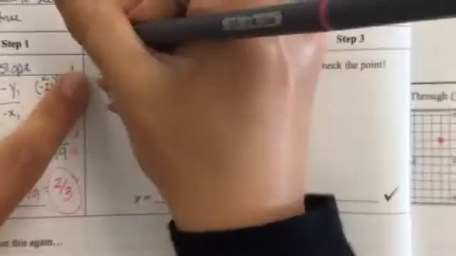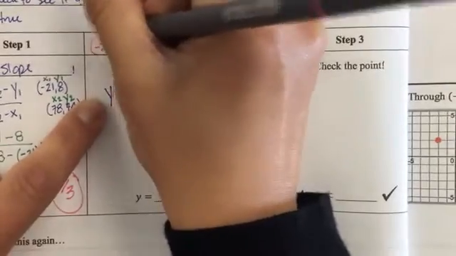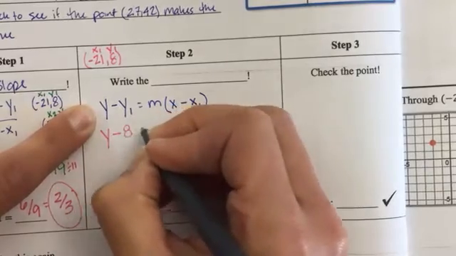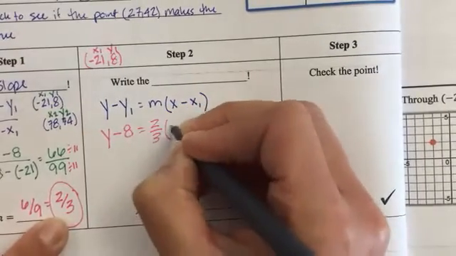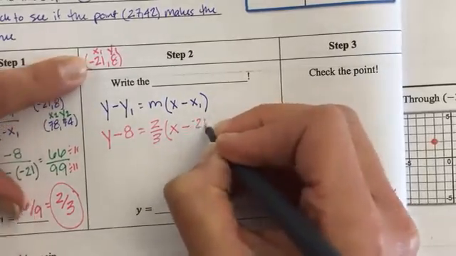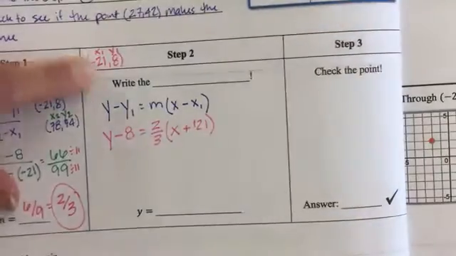So if my point's negative 21, positive 8, this is x1, y1. So my equation would read y minus 8 equals 2/3 times x minus a negative 21, which ends up turning that to addition. So I change that right away.